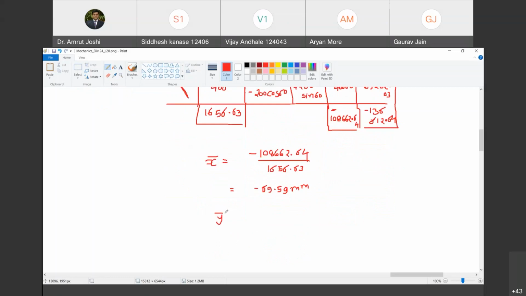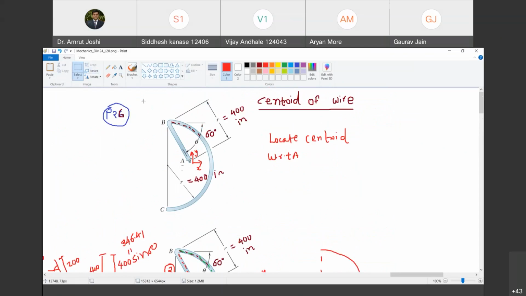And what is y bar? Y bar is minus 136,612.64 divided by 1656.63. Tell me. So minus 82.46. Great. So now let me borrow this figure down here and I will show its centroid.